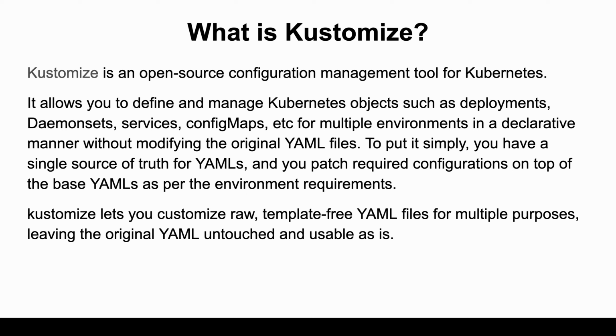So we can simply say that we have a single source of truth for all the YAMLs we have, and we just have to create patch files or patch configurations on top of the base YAML as per the environment requirements. Kustomize also lets us customize our raw template-free YAML file for multiple purposes as well.